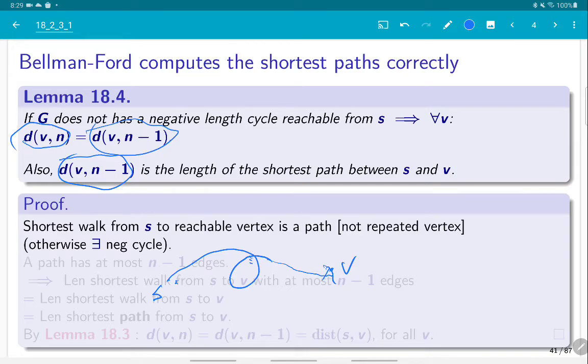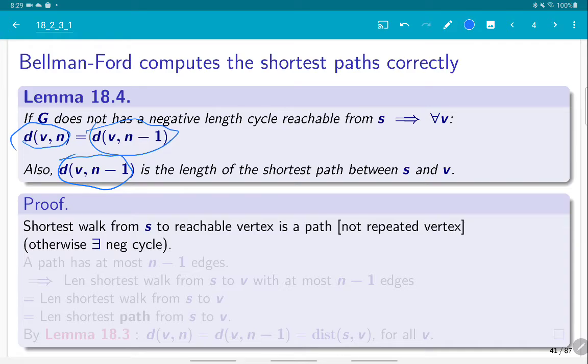But if it has a cycle, the only possible reason to take a cycle is because the cycle is negative. But we are assuming there is no negative cycle in the graph, so it's not possible. So the shortest walk in this case is also a path. So all the shortest walks are shortest paths. They have length at most n minus 1.